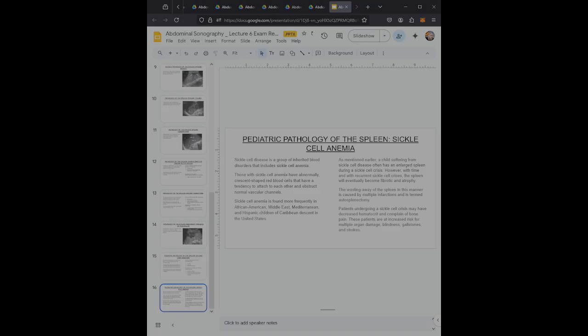Pediatric pathology, sickle cell anemia. Sickle cell diseases are a group of inherited blood disorders that include sickle cell anemia. Those with sickle cell anemia have abnormally crescent-shaped red blood cells that have a tendency to attach to normal vascular channels and occlude blood vessels.